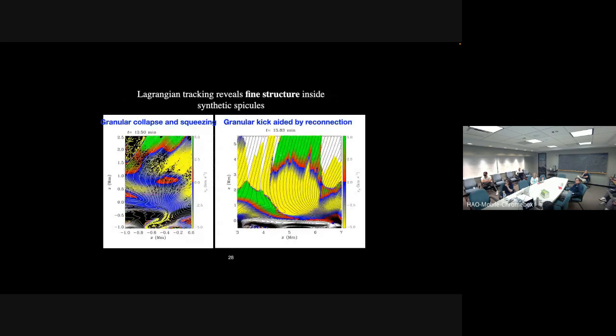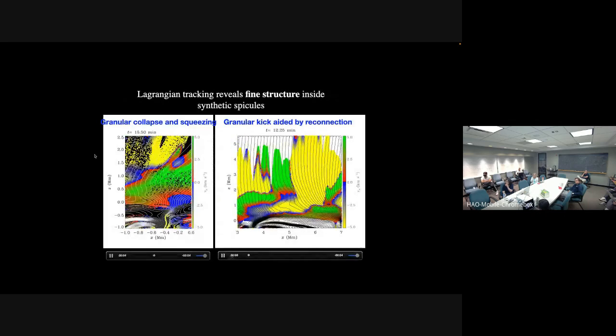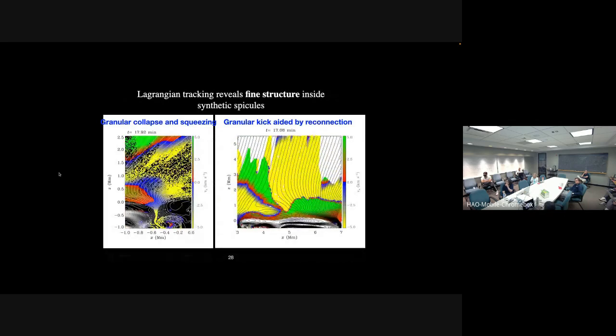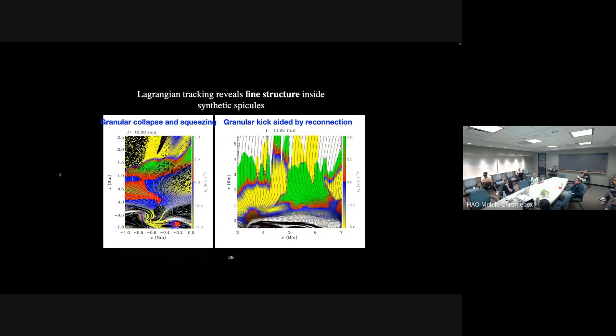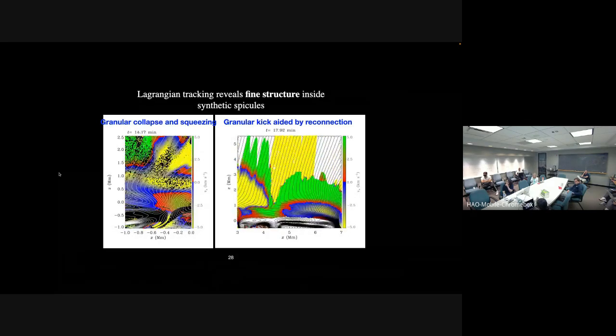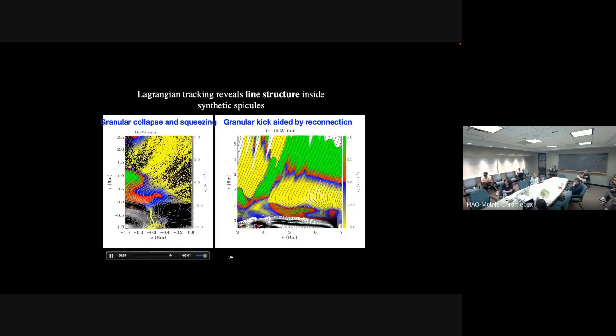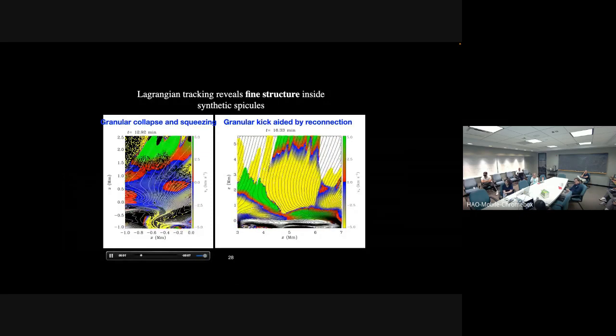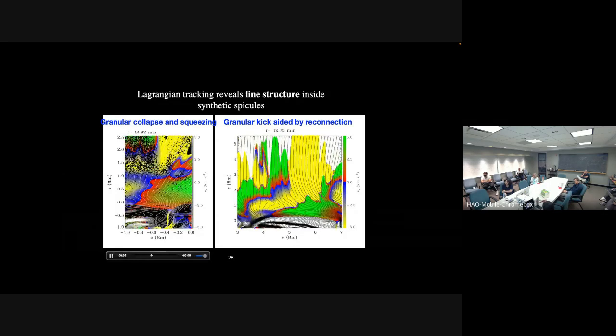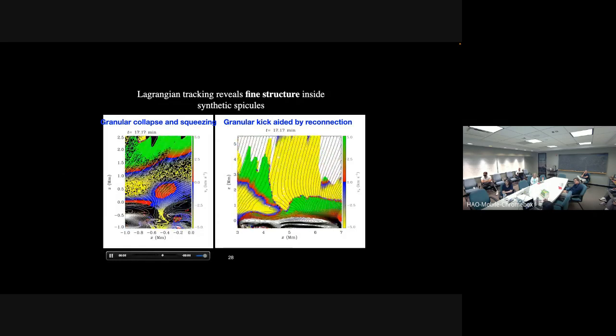Now we look closely in 2 different regions where the spicules are forming, in the convection. One of the regions is the intergranular lanes, where there is this granular collapse happening.